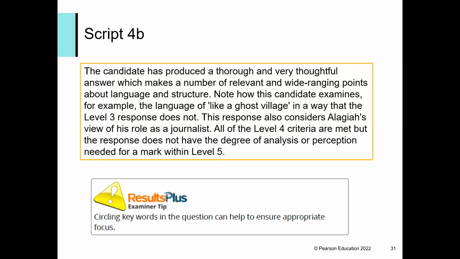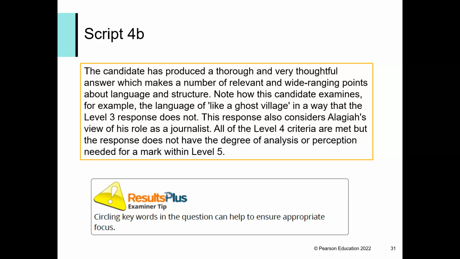4B, this one is the level 4 because it meets all of level 4 criteria. And then we're looking at, can we push it over that boundary? So this candidate has produced a thorough and very thoughtful answer, which makes a number of relevant and wide-ranging points about language and structure.